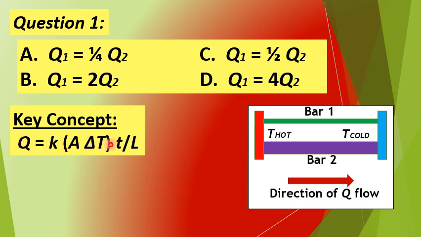But since we are only describing the amount of thermal energy, big Q, we just transpose the time, small t, to the right side of the equation.